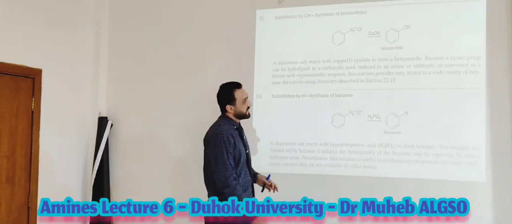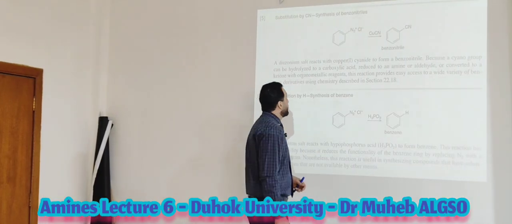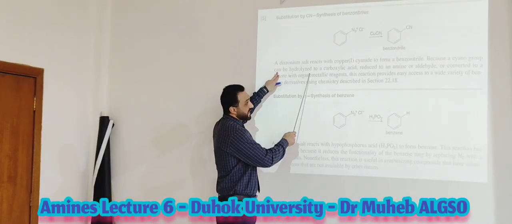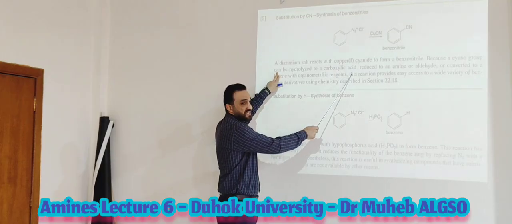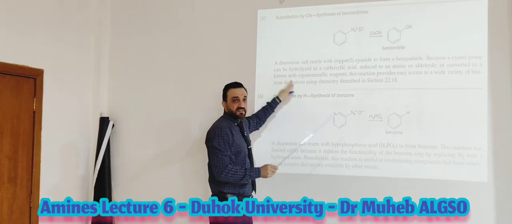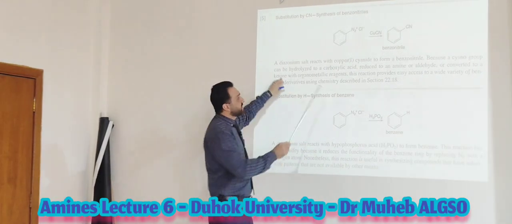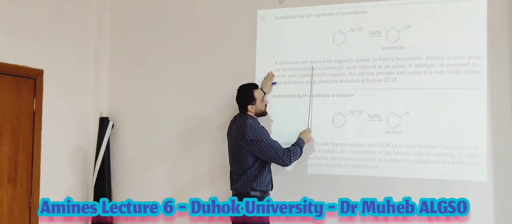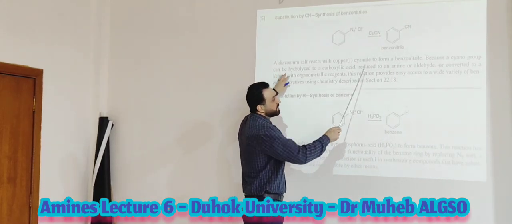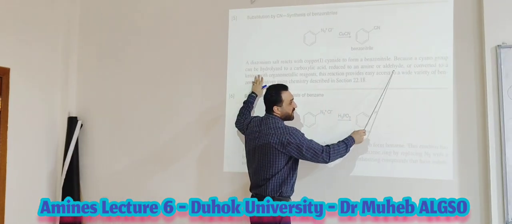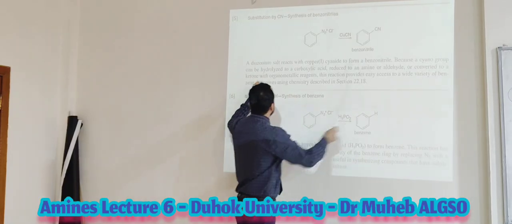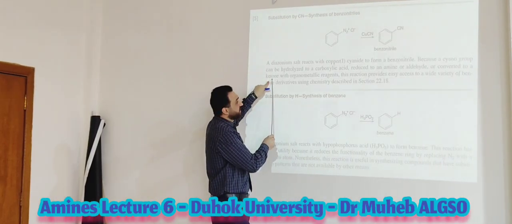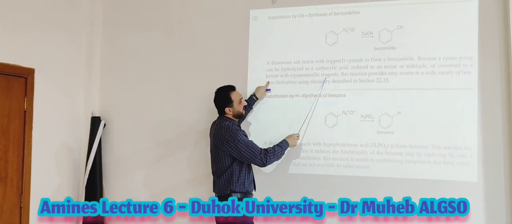To form benzonitrile, because the cyano group can be hydrolyzed to what? To carboxylic acid. Look, this number 1. CN is a useful group. Why? Because CN can be hydrolyzed to the carboxylic acid group, and can be reduced to what? To amine or aldehyde. Can be converted to what? To ketone, also with organic reagents.